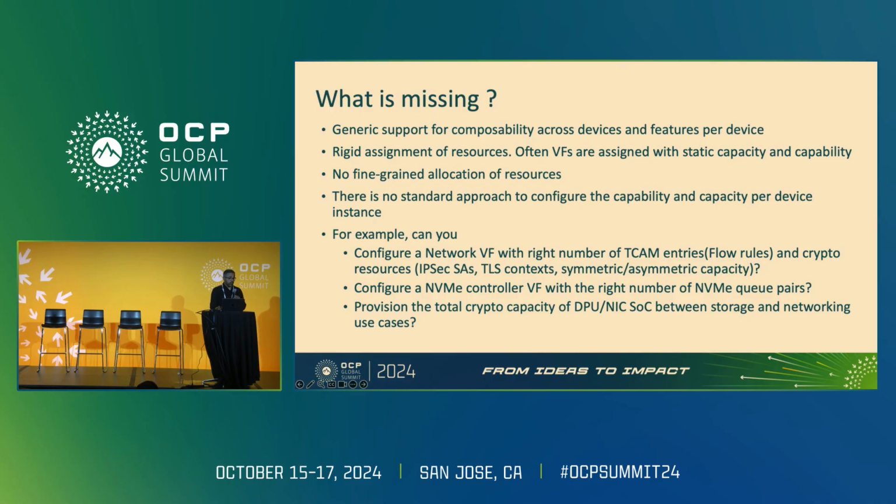So coming to what's missing. We just saw the different ways of doing composability at different levels. And then there are different frameworks, OpenStack, Kubernetes, CDI, DRA, and Redfish, and such.